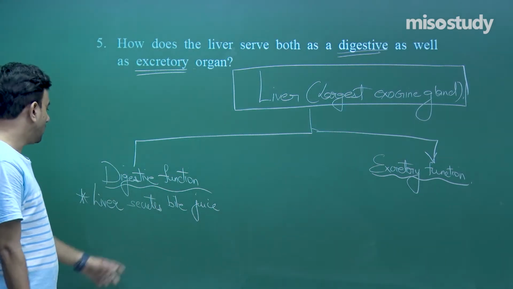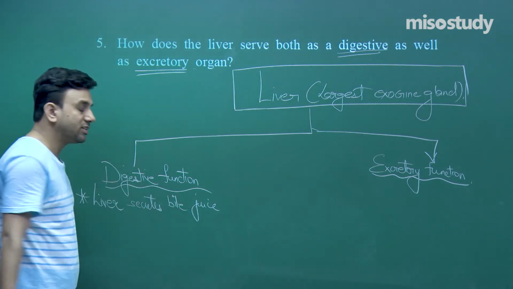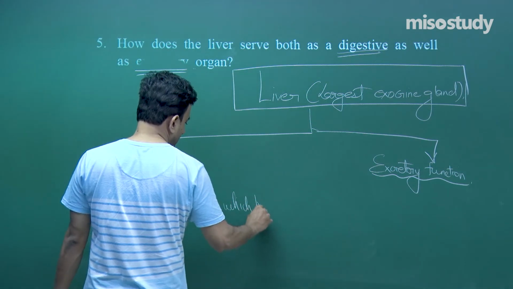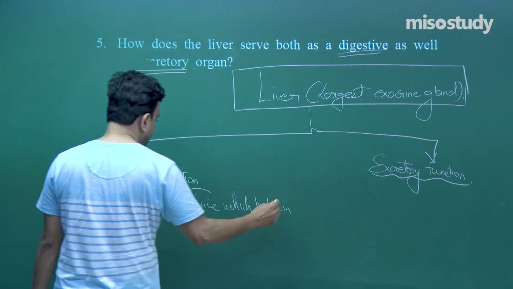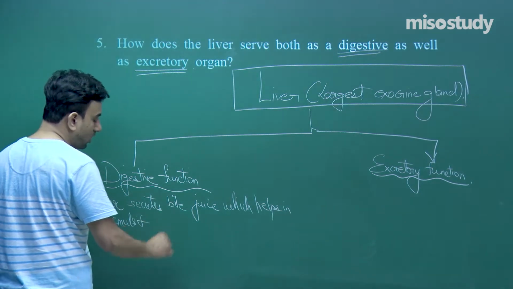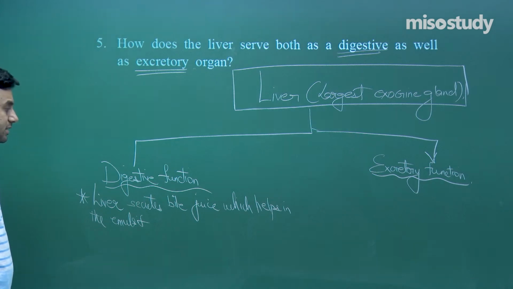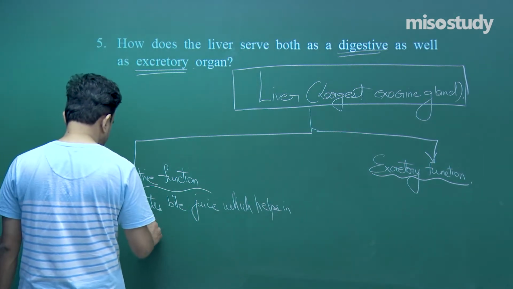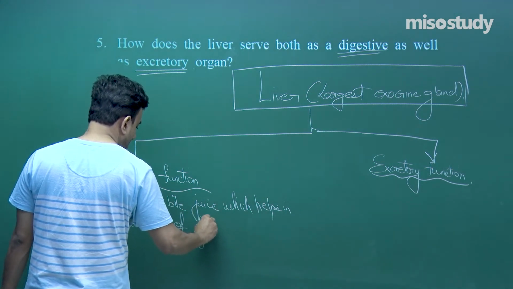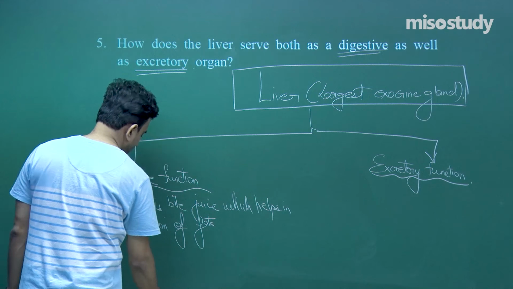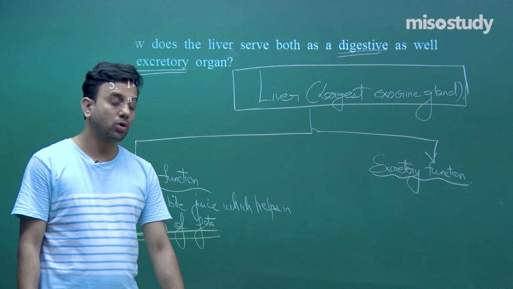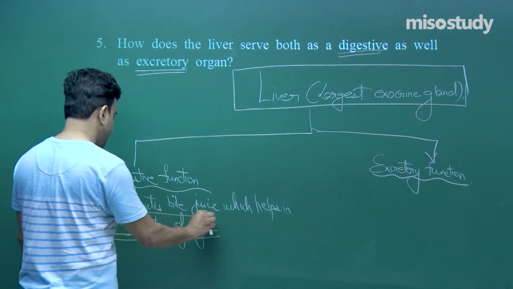The bile juice helps in the emulsification of fat. The bile salts present here help in the emulsification of fats. And what are the bile salts present? Sodium glycocholate and sodium taurocholate, right.